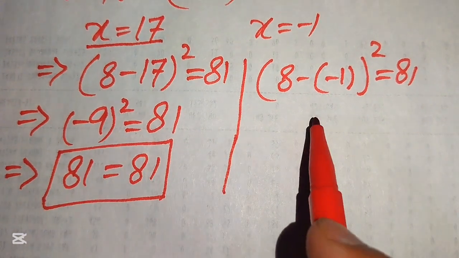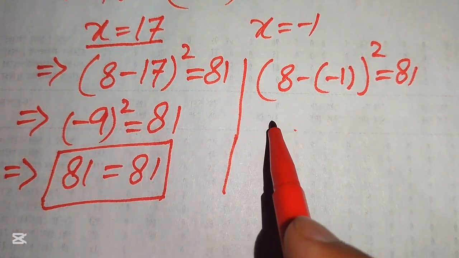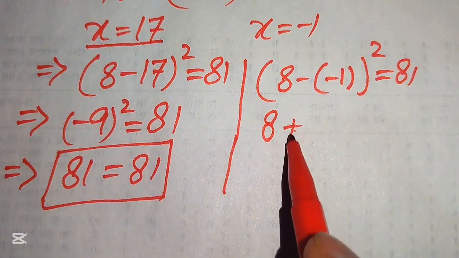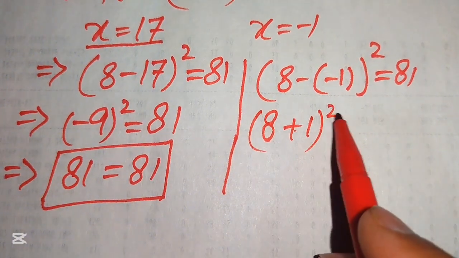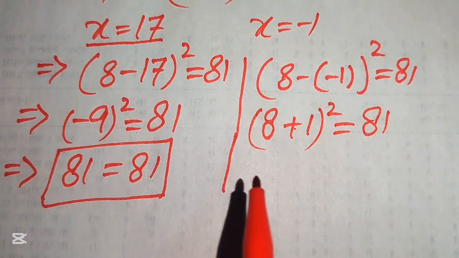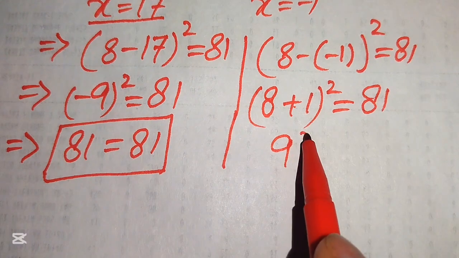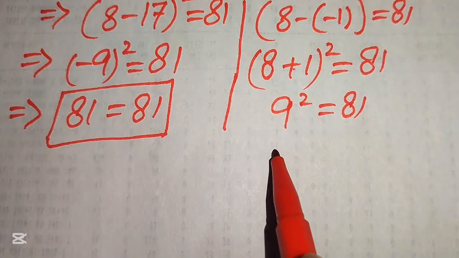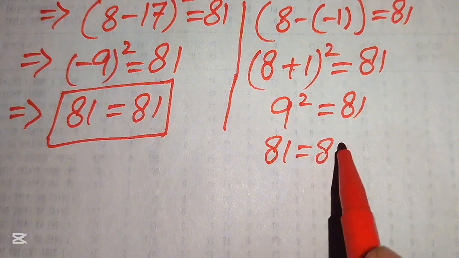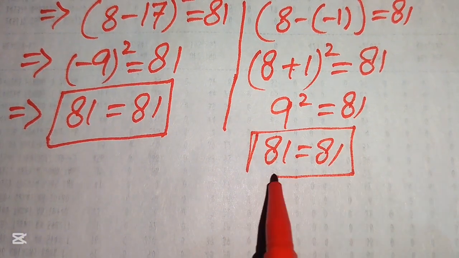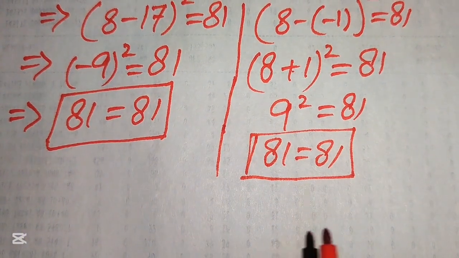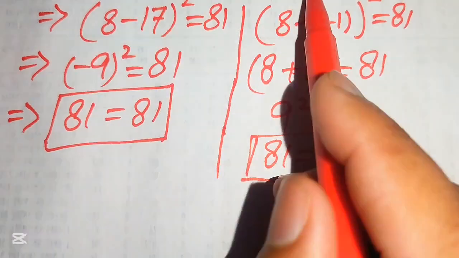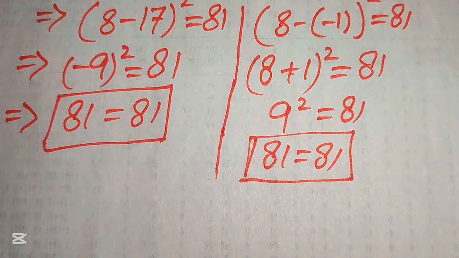And now we move to the second case, and here you have 8 minus times of minus becomes plus 1 whole square equals to 81, and 8 plus 1 becomes 9 square equals to 81. So 9 square becomes 81 equals to 81. So this also shows that the value of x also satisfies our given question statement.